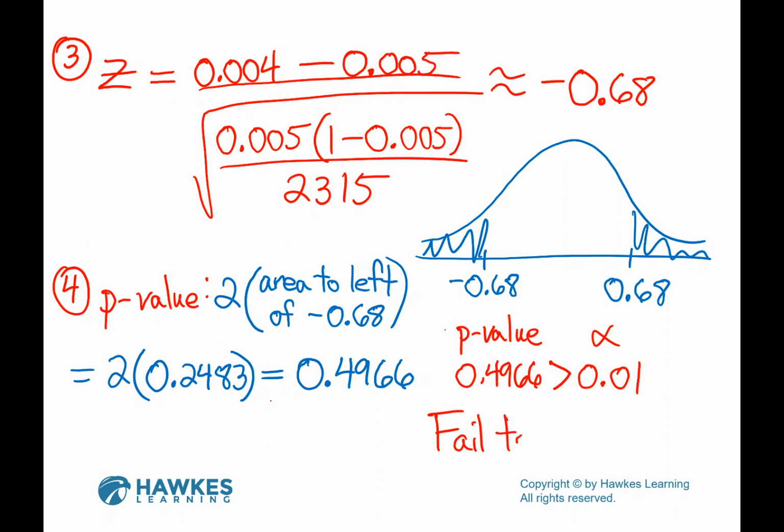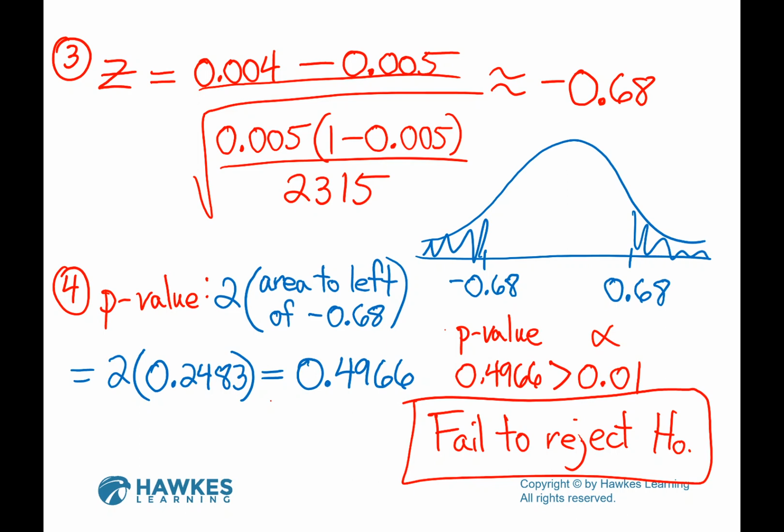P-value is too big. If we rejected the null hypothesis, there's almost a 50% shot that we've made a type 1 error. We don't want to do that. Failed to reject the null hypothesis. Questions on that one?